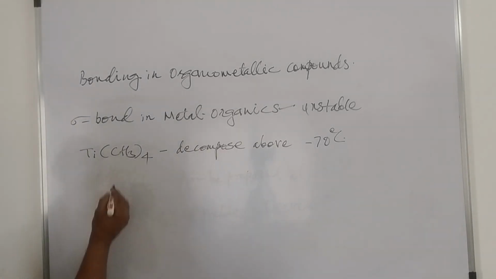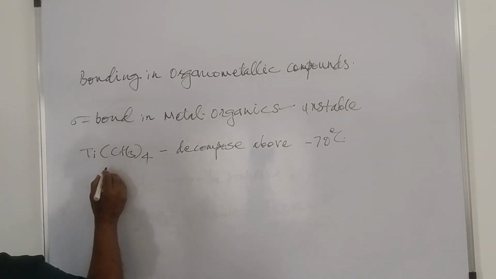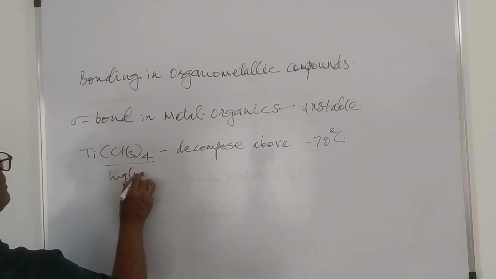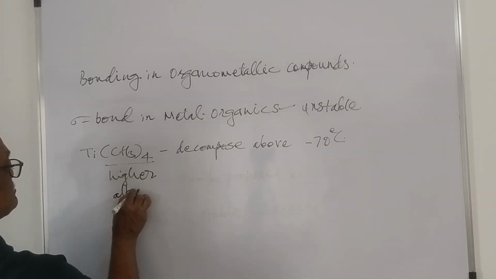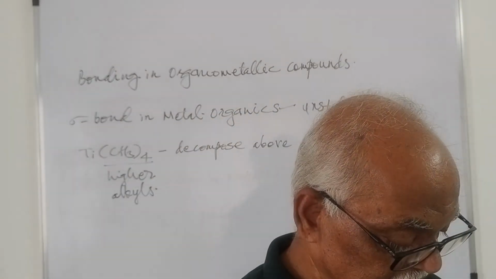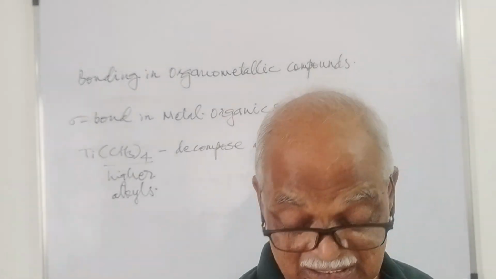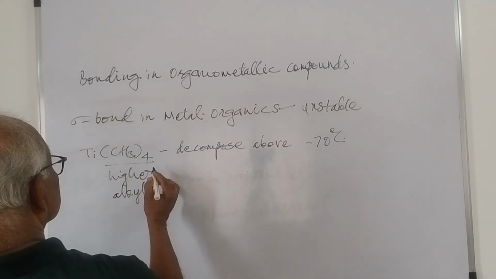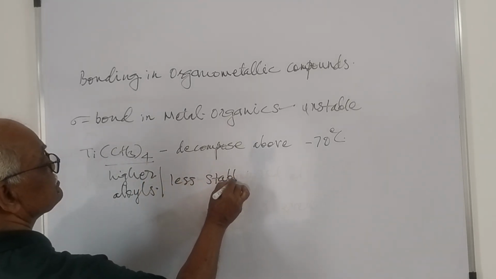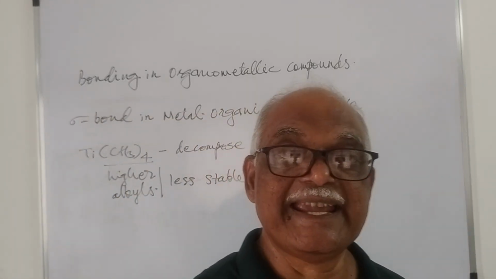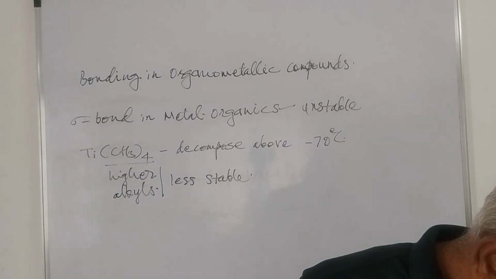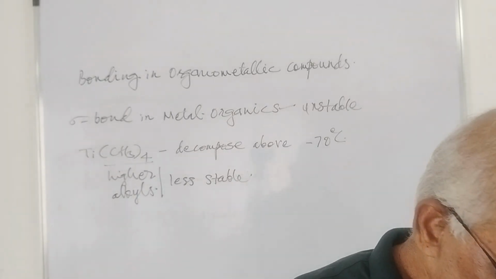Instead of methyl group, if we use other higher alkyls, if we replace these four groups with higher alkyls, then these are more unstable, or we can say less stable. Generally we know that higher alkanes are less stable, whereas lower alkanes are relatively more stable.